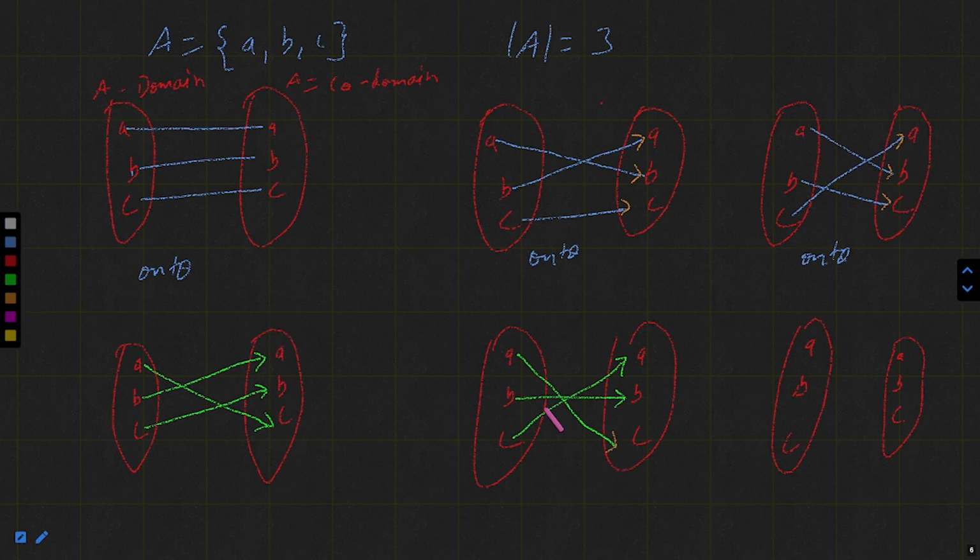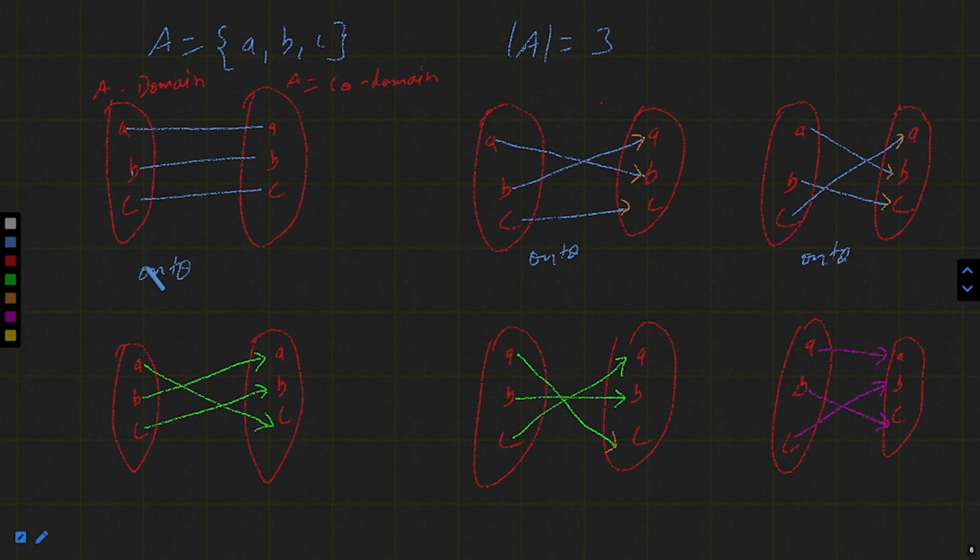Now c is associated to b, a is associated to a and b is associated to c. As you can see, none of my functions is repeating.